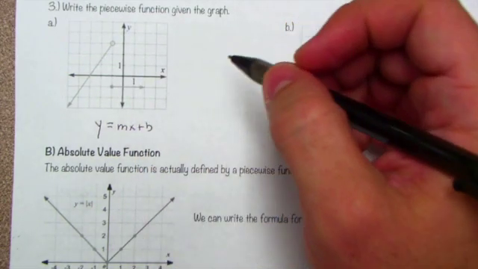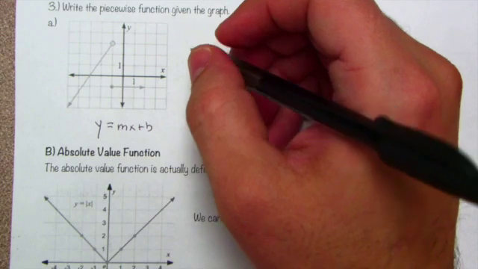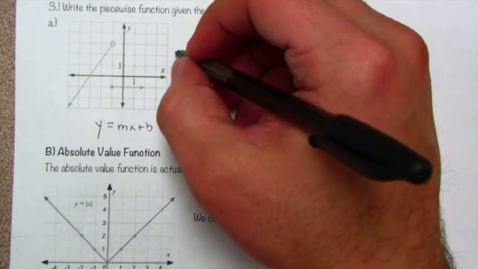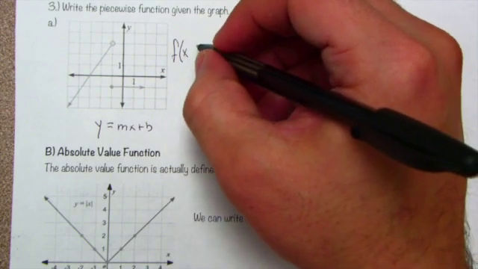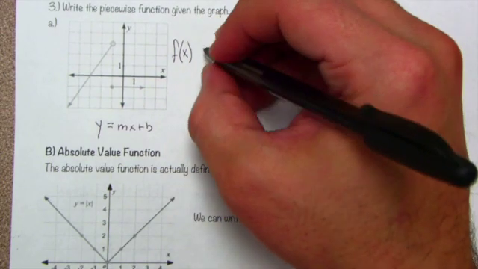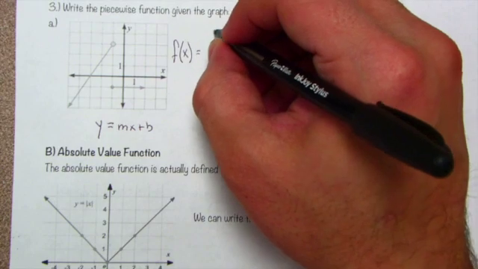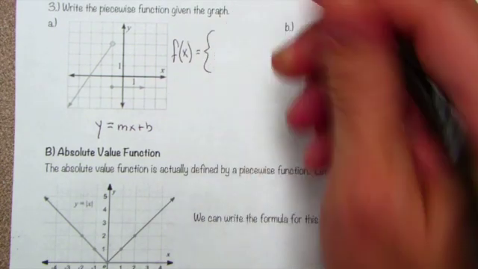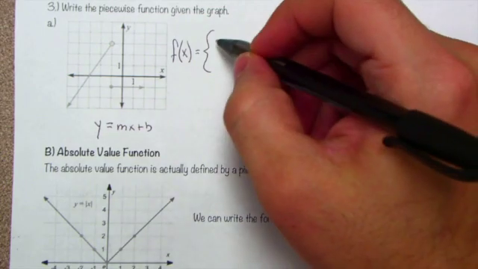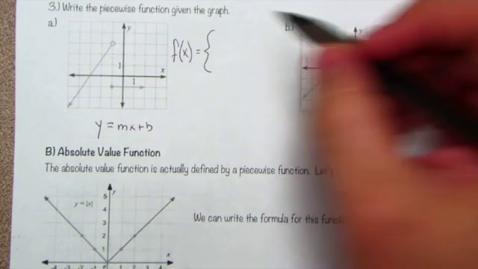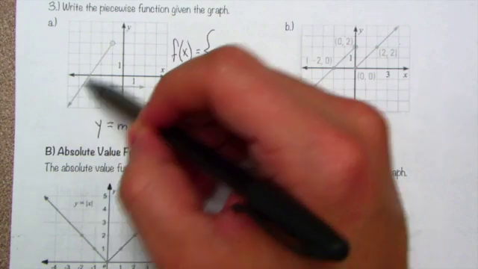So we start with a function of a piecewise function with f of x. Since there are only two pieces, I'm going to make a bracket that's sort of smaller like this, so it'll have a piece right here and a piece right here. So we first need to figure out what is the equation of this line.